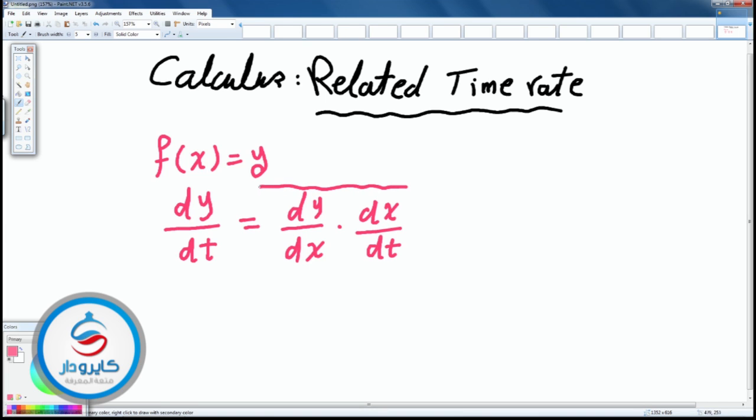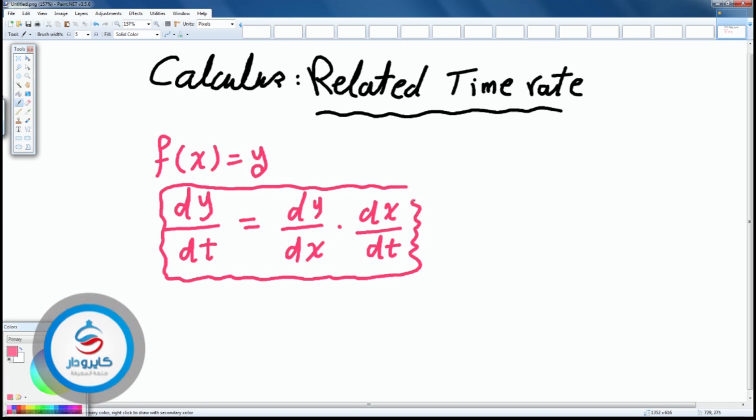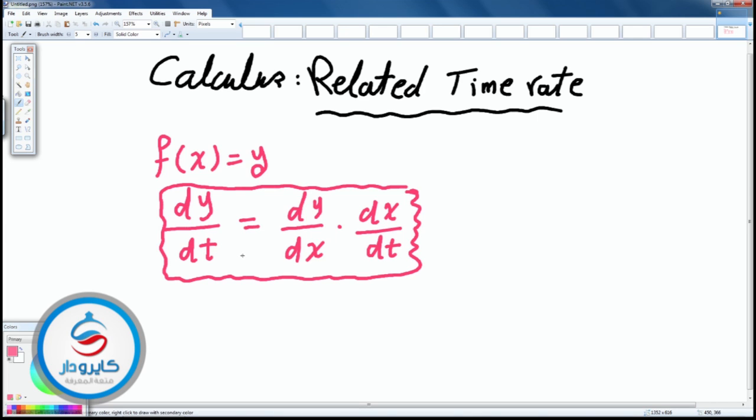So we use here the form of chain rule to clarify the meaning of dy over dt.